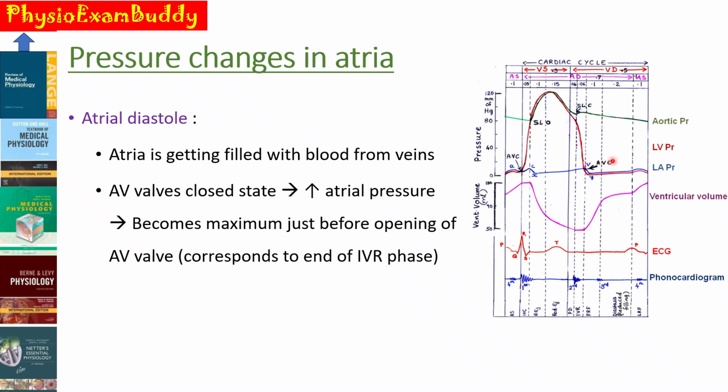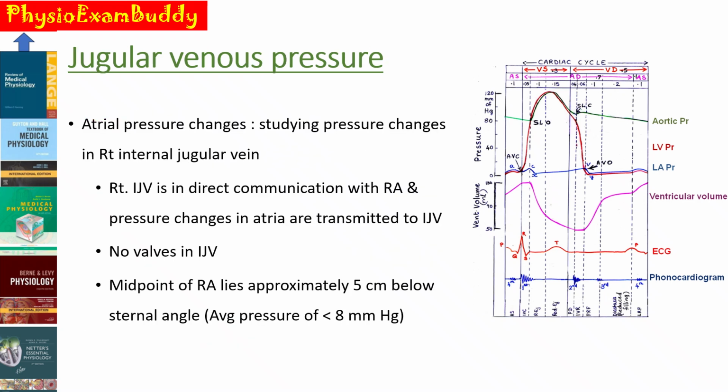AVO represents AV valve opening, which occurs at the end of the isovolumetric relaxation phase. And after that, what happens? After the opening of the atrioventricular valves, the atrial pressure is found to decrease. So that is about the pressure changes happening in the atria during the cardiac cycle.